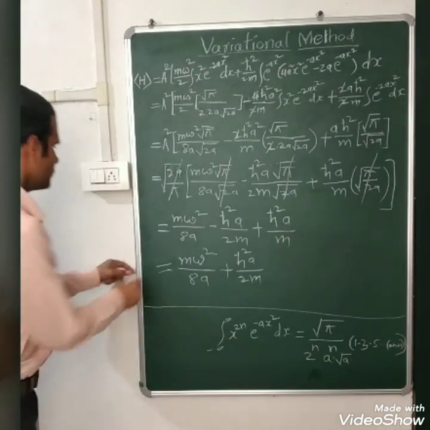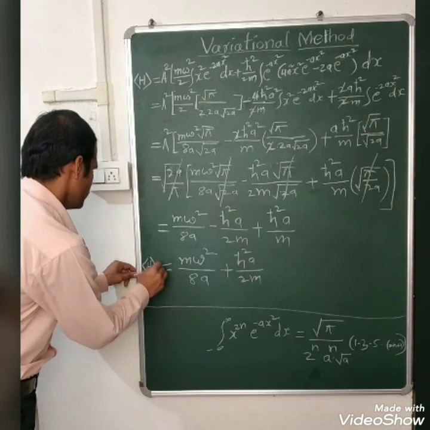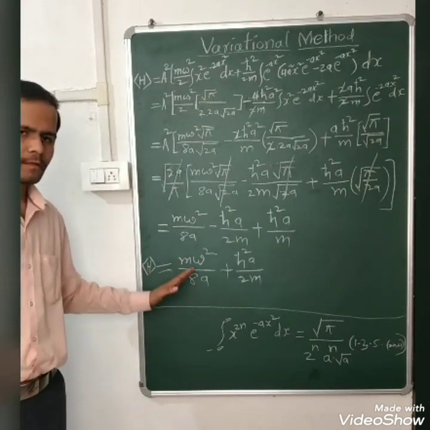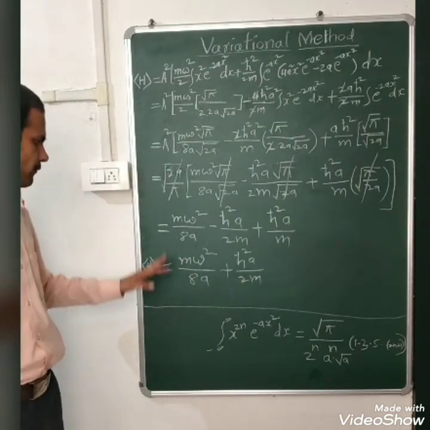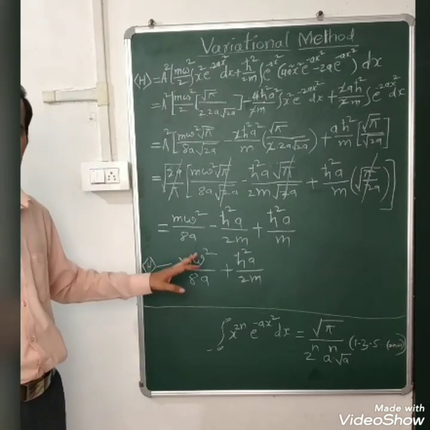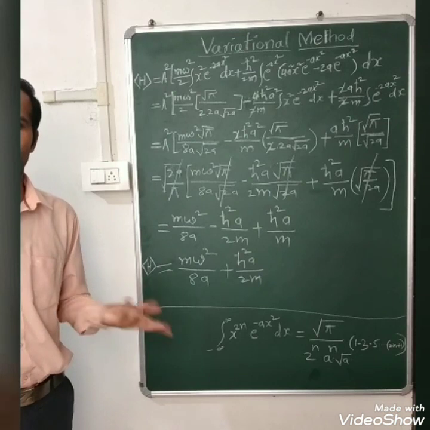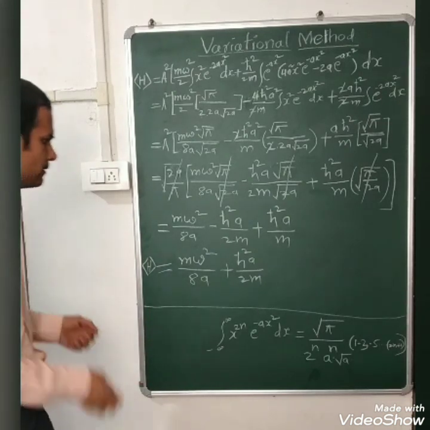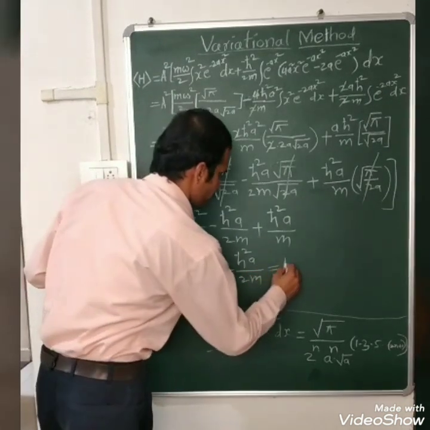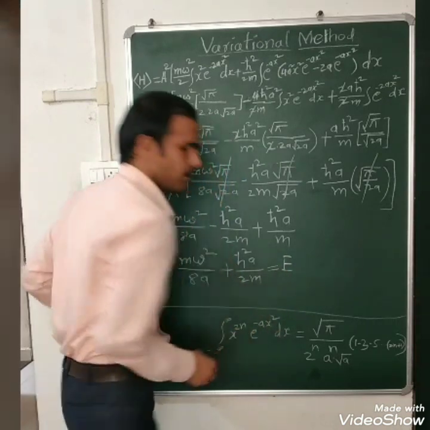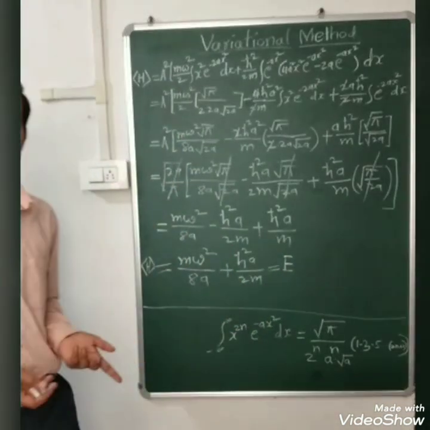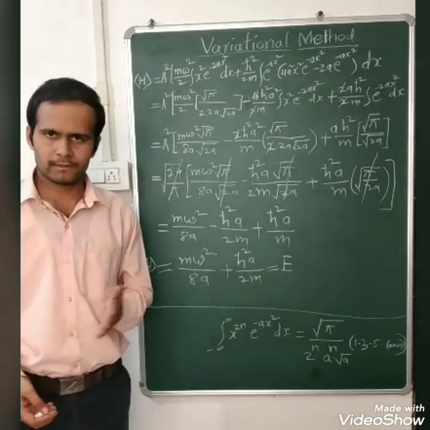So this is the expectation of H, and this expectation of Hamiltonian is with respect to the trial ket or trial wave function, and hence this is the energy eigenvalue with respect to the trial wave function.